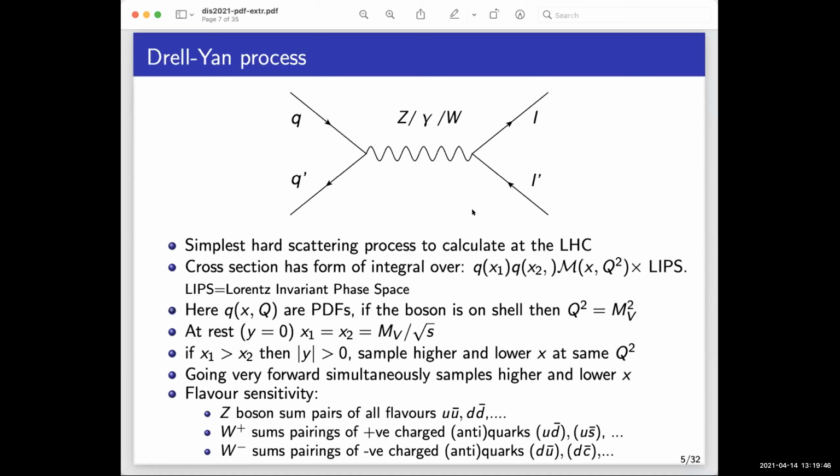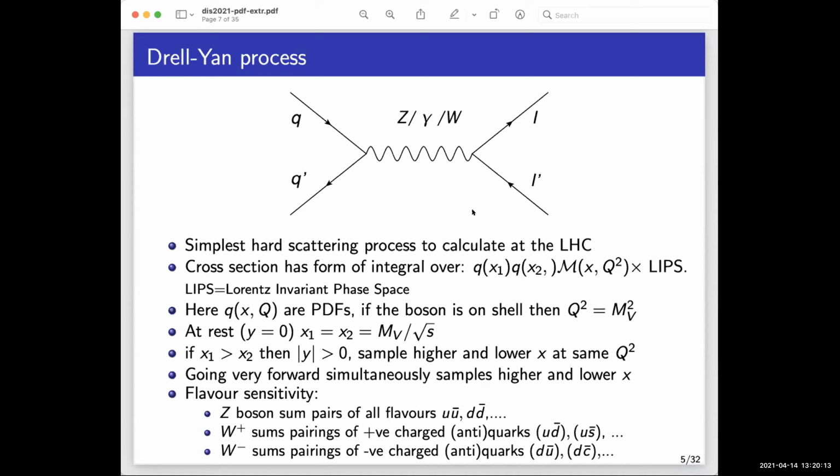When they're on shell, your Q squared is around the mass of the boson squared, and at rest you have a clear relationship with the x. And then, as Thomas has just shown us, if you go very forward, as forward as LHCb, then you can really sample simultaneously higher x and lower x for the same Q squared.